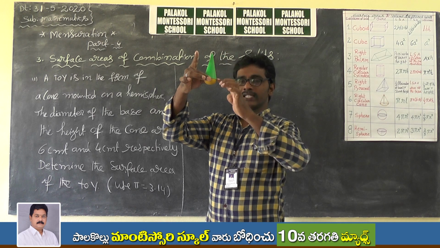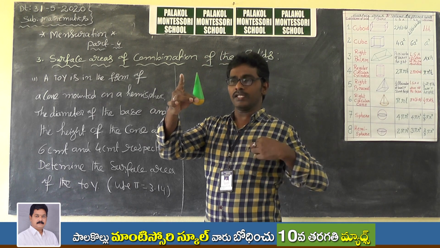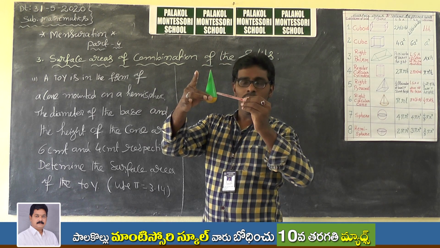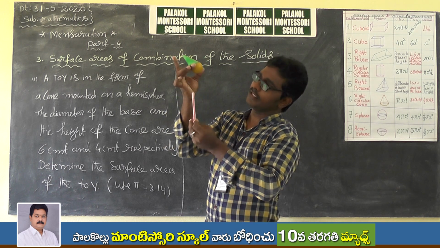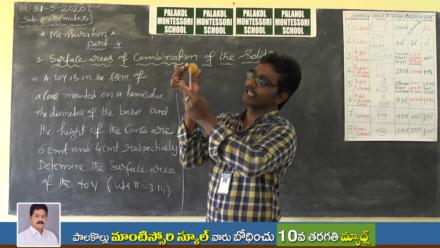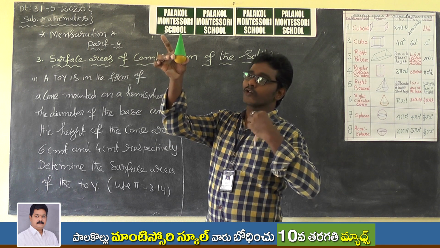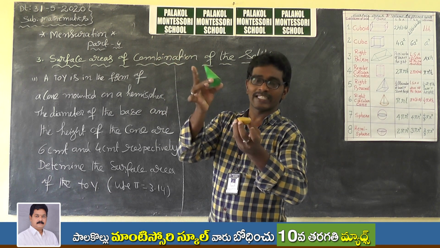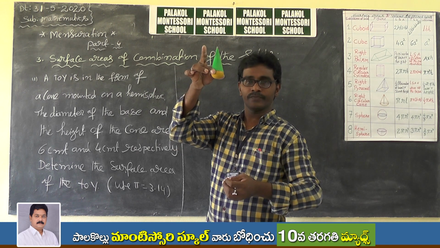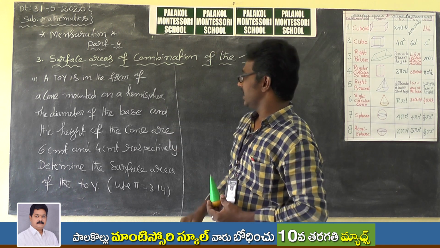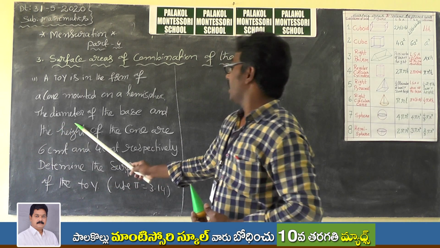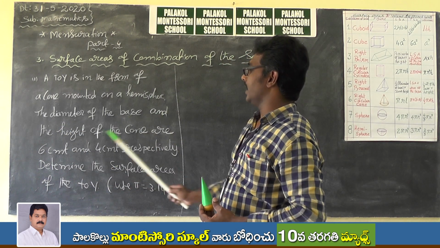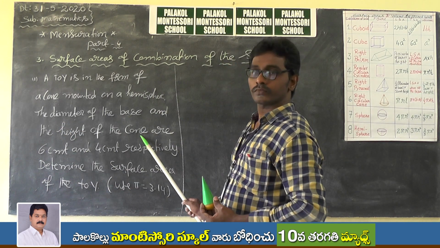The green color is a cone, and the downside one, the yellow color, is a hemisphere. The toy is a combination of two solids. Now see here: the diameter of the base and the height of the cone.